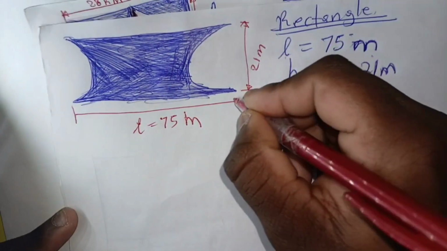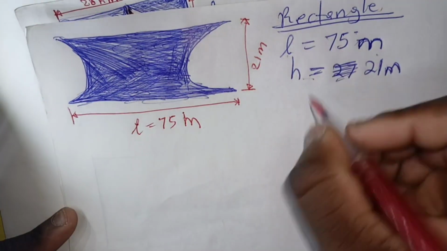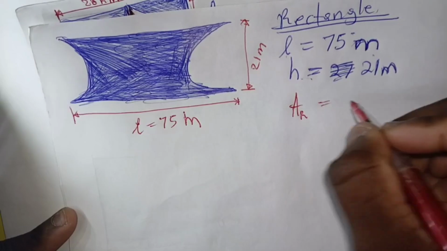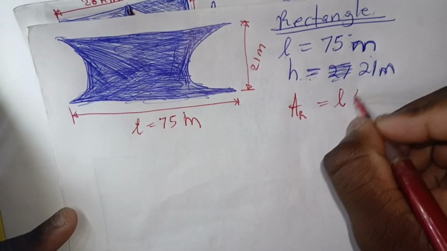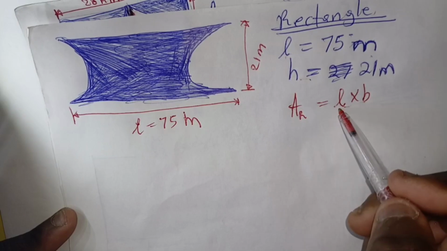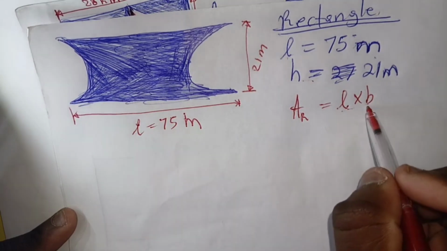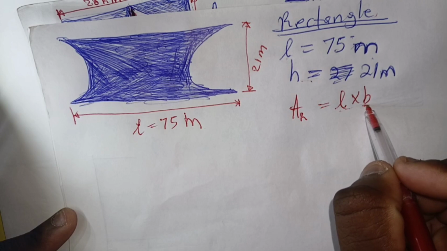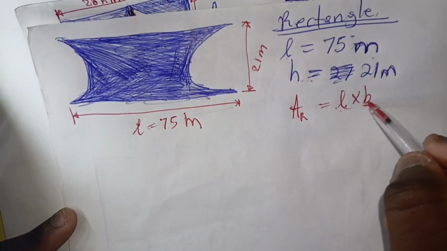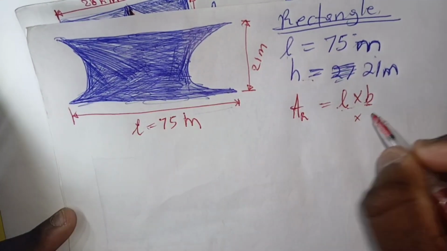So what I want to tell you guys, the area of a rectangle is its length multiplied by breadth. And I told you that when you substitute, it doesn't matter, guys, because it will give you the same answer. So actually this breadth here, they just treat it as a height.